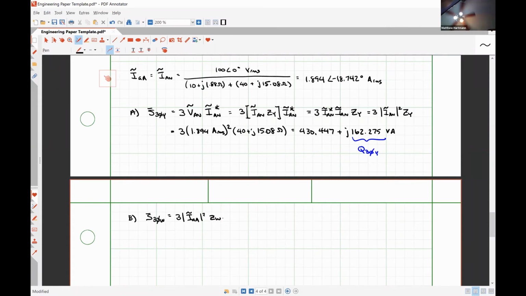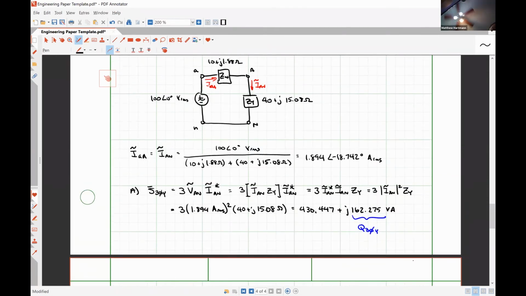I hope I don't have to do that derivation again. So that's 3 times that same current, 1.894 amps RMS squared times the impedance of my wire, which was 10 plus J 1.88.